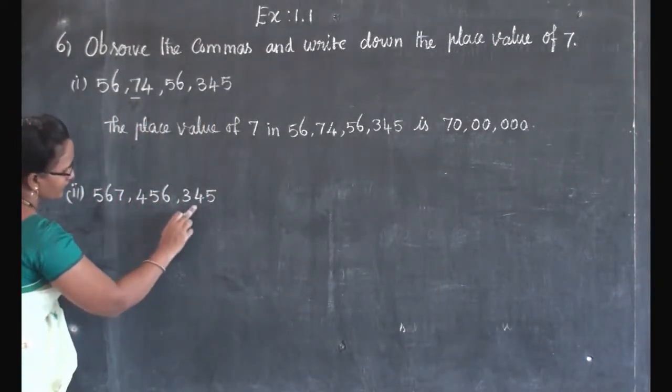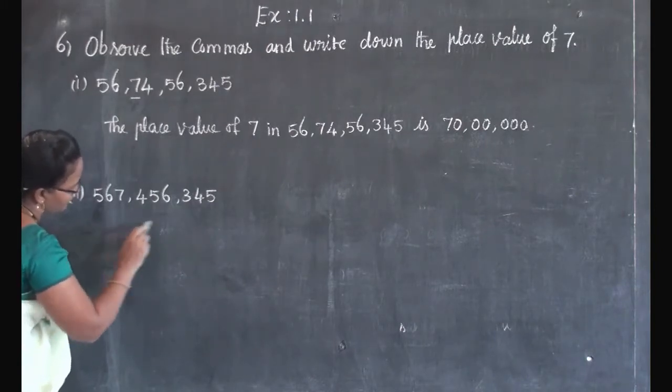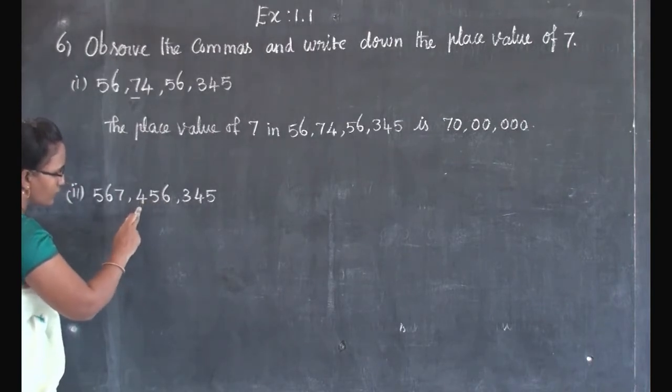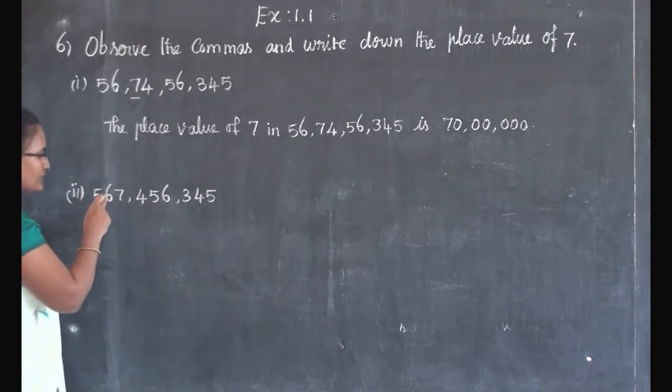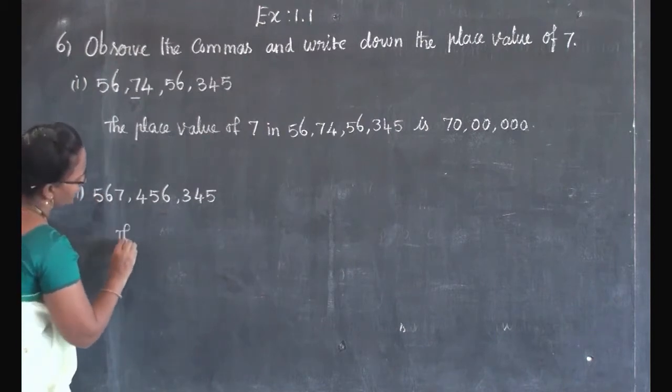Here it is the international system. So ones, tens, hundreds, thousand, 10,000, 100,000, million, 10 million, 100 million.